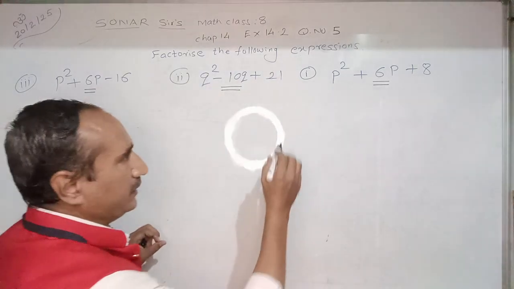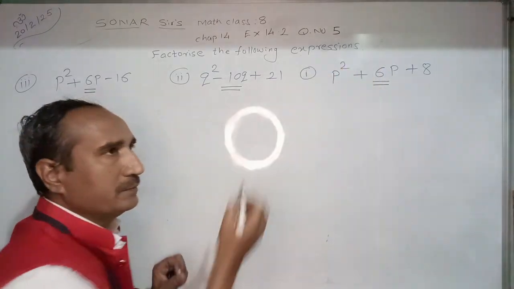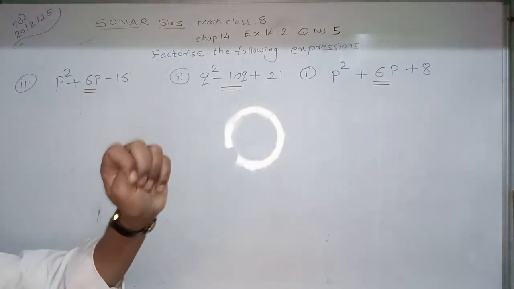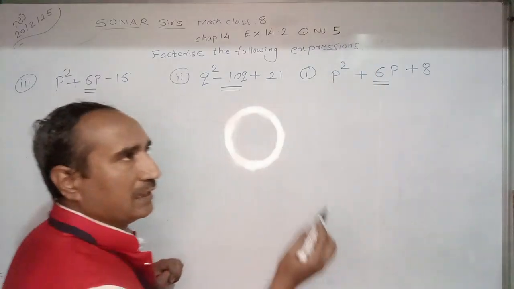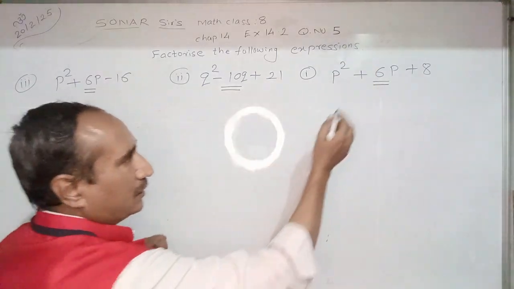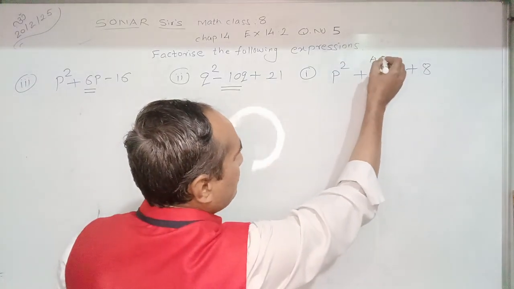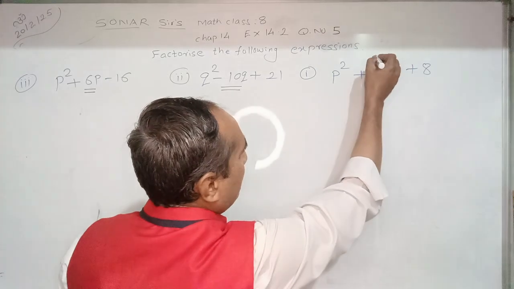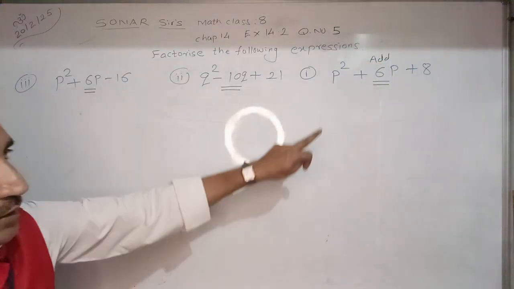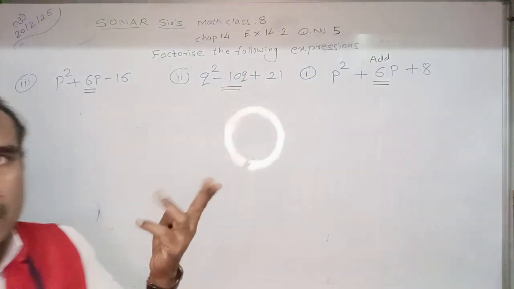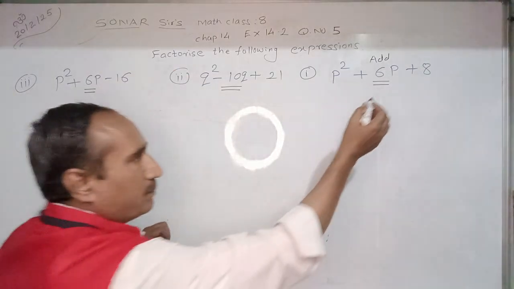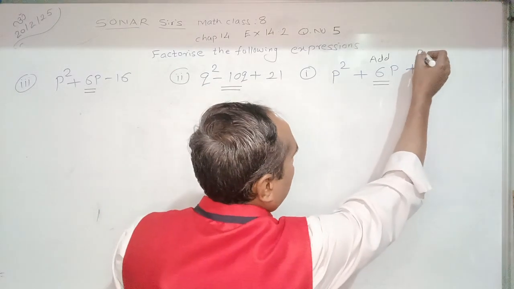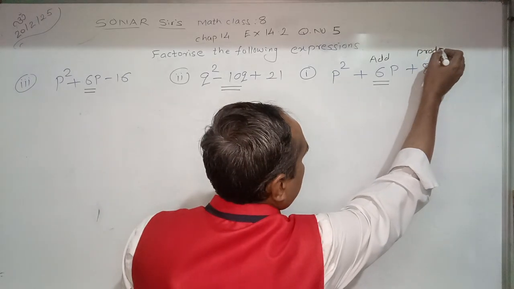In this method, we have to find two factors of this number such that the addition of these two numbers must be the middle term, while the product of the same numbers must be the constant number.